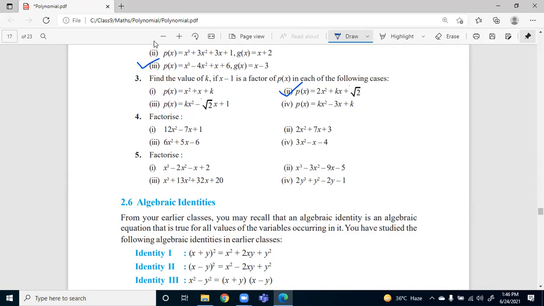Ma'am, is k equal to minus 2 plus under root 2? No, a very small mistake again, Dhanvi, I should say. Very small. You can do it better. Divyansh, are you ready with the answer?